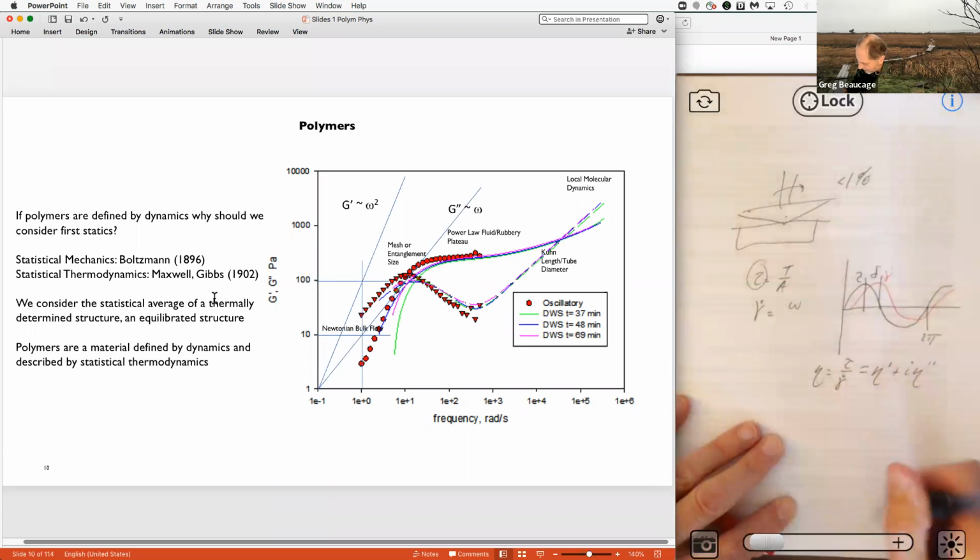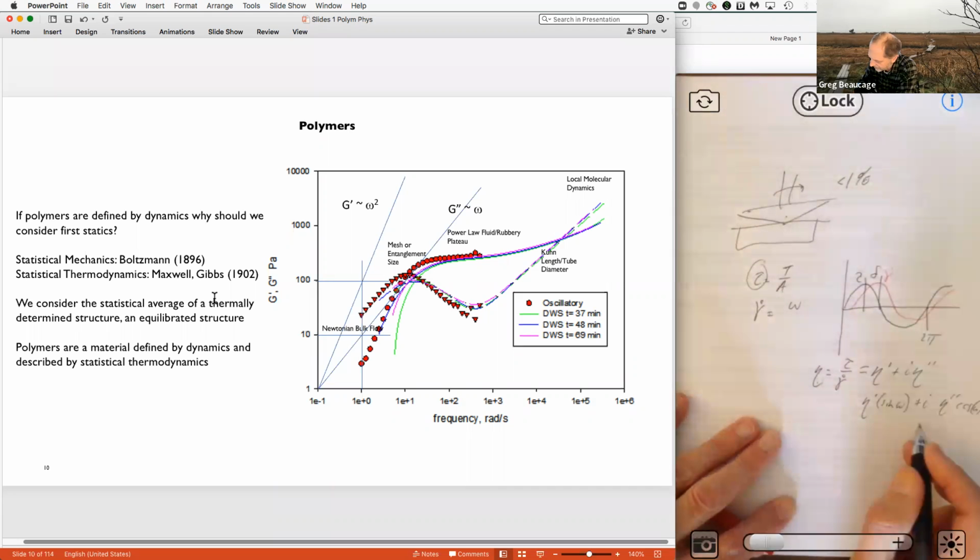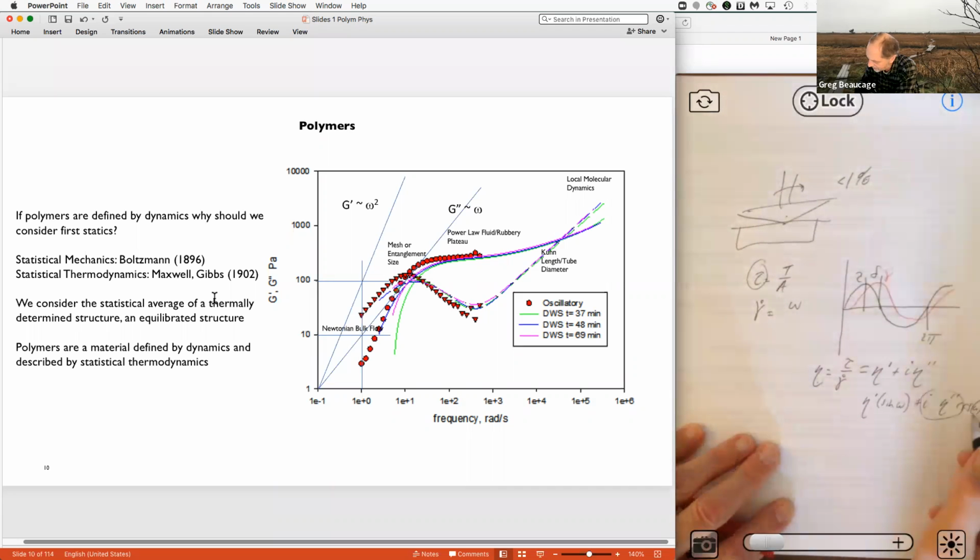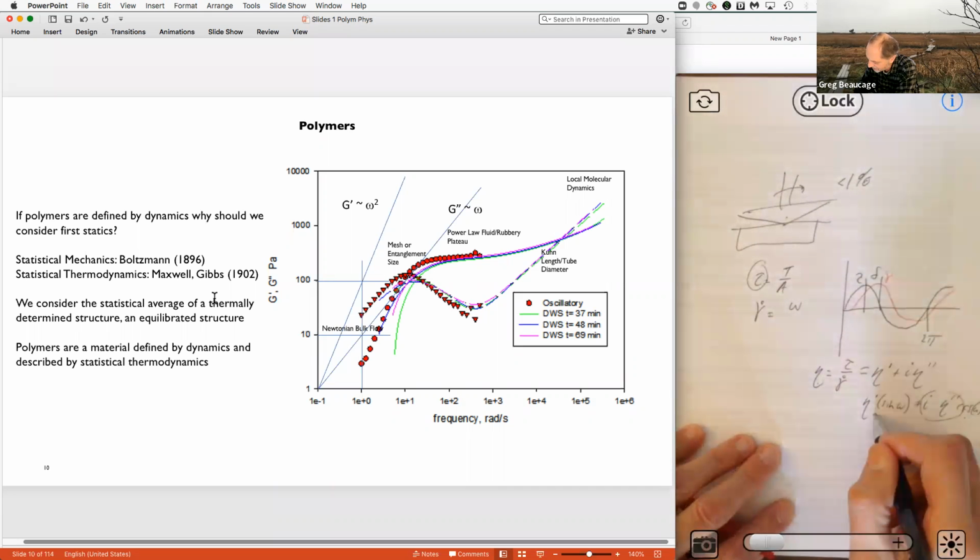So eta prime would be in phase, so it's going to be eta prime times sine of the phase angle, and then plus imaginary times cosine of that, times frequency, times this eta double prime. Right? So you have this imaginary component that's out of phase and a real component that's in phase.